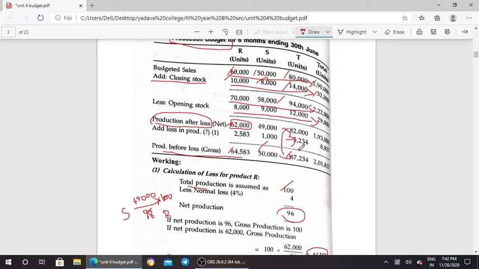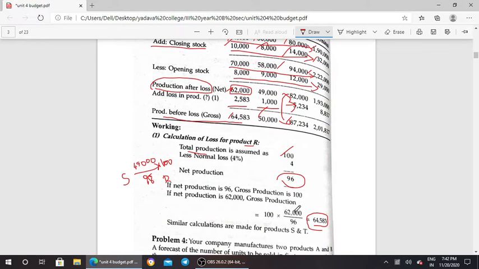When we subtract these, you get the actual loss. The loss for T is 5,234, for S is 1,000, for R is 2,583. We apply this calculation for R: assume full production is 100, less the normal loss percentage, net production is 96.